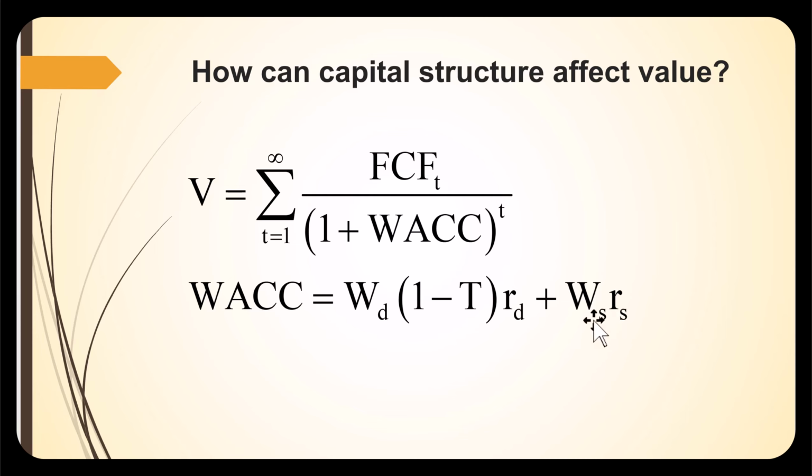The other portion is the proportional cost of equity. W sub S is the proportion, and R sub S is the cost of equity. In previous videos, we talked about the security market line formula, where we utilized beta to help us calculate the required rate of return on a stock. Of course, that's the number we could plug in right there.